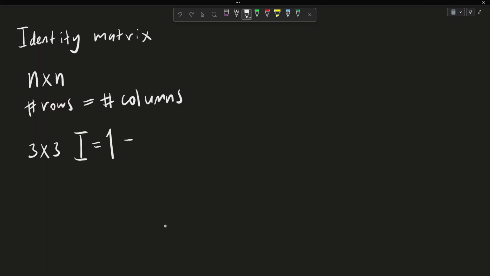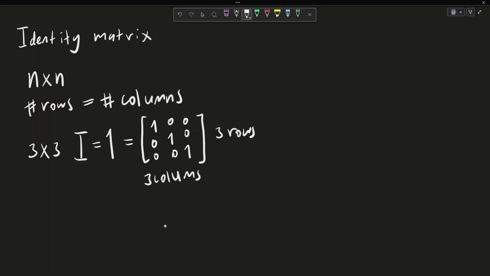this matrix is [1, 0, 0; 0, 1, 0; 0, 0, 1]. This is the 3 by 3 identity matrix. So you'll observe three things. First of all, it's square, so it has 3 rows and 3 columns. That's the first observation.